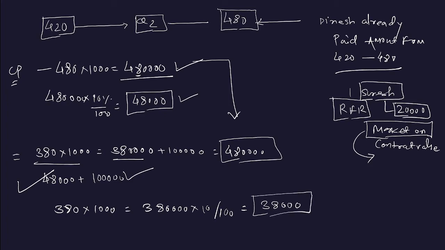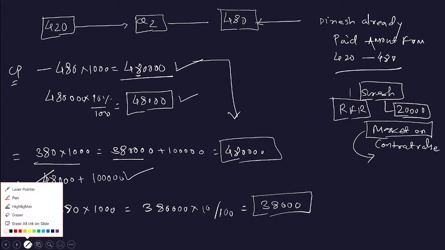But if you see the profit and loss in the third quarter, let's see who has been profitable. The price moves from 380 to 500, so 500 into 1000, the price goes to around 5 lakh, correct? Yes, sir.